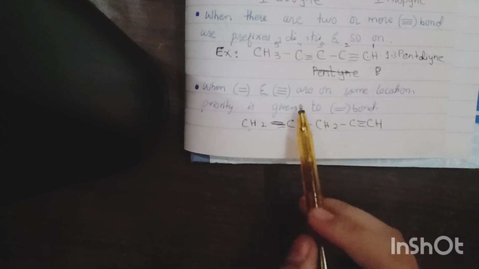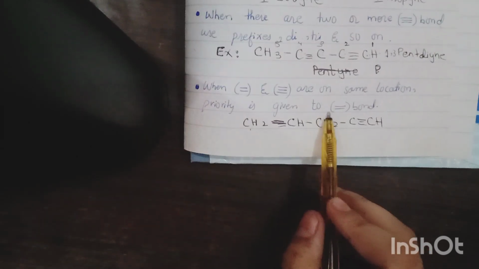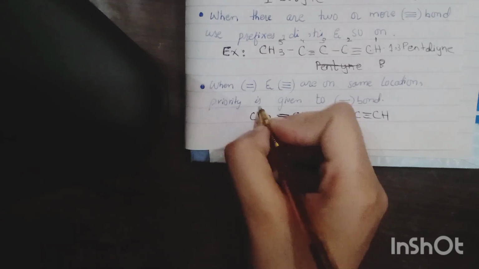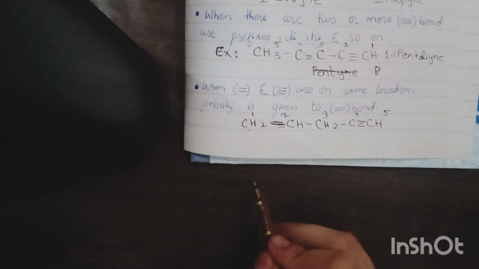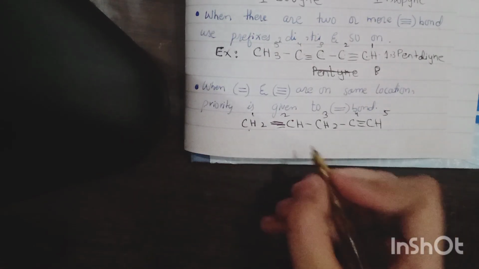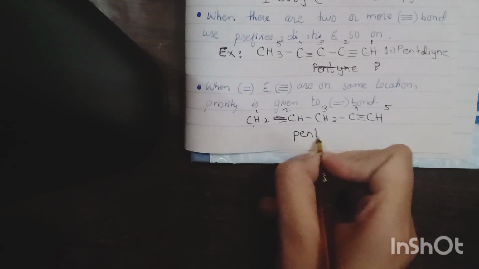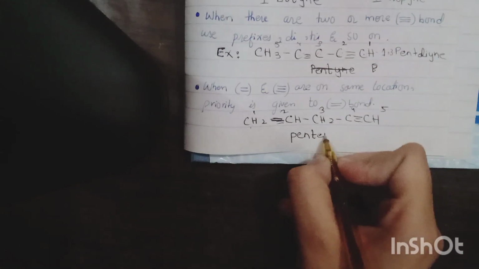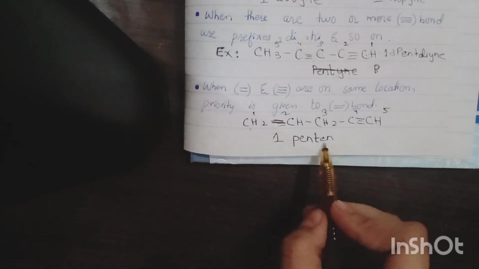As the rule says, the priority is given to the double bond, so we'll give it numbering 1, 2, 3, 4, 5. Meth, eth, prop, but, pent. First write pent, and we have the double bond, "en": 1-pentene.